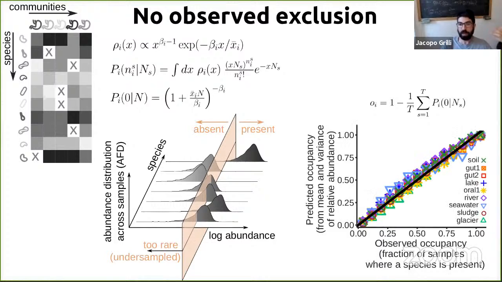You can actually predict the fraction of samples where a species is present. If you want to do something more rigorous, you can do model selection with a model with true zeros and a model without true zeros, with zeros only due to sampling, and the model without true zeros is typically favored for the vast majority of the species. Good.